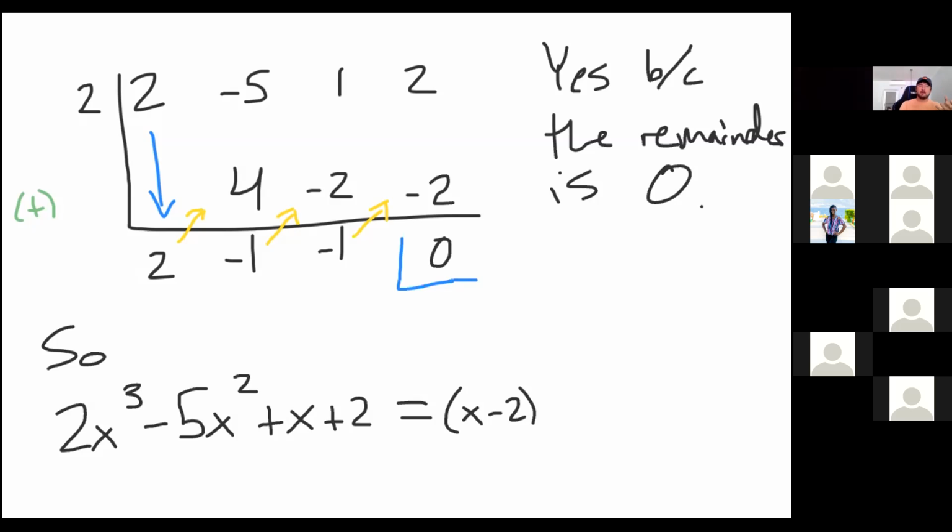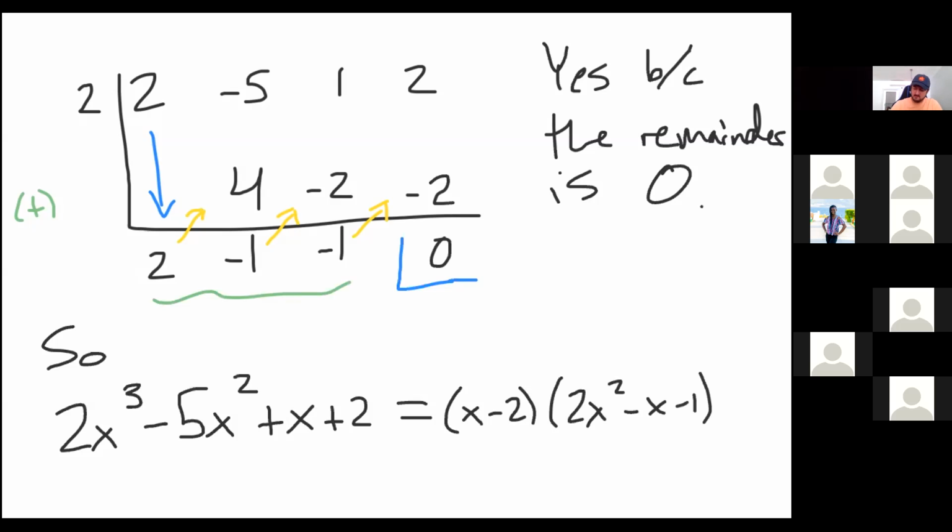I can factor out an x minus 2, and what I'm left with is my quotient. And I get my quotient from those numbers along the bottom. So this would be 2x squared minus x minus 1. So again, this is why we love synthetic division, because it gives us a ton of information just from looking at those numbers.